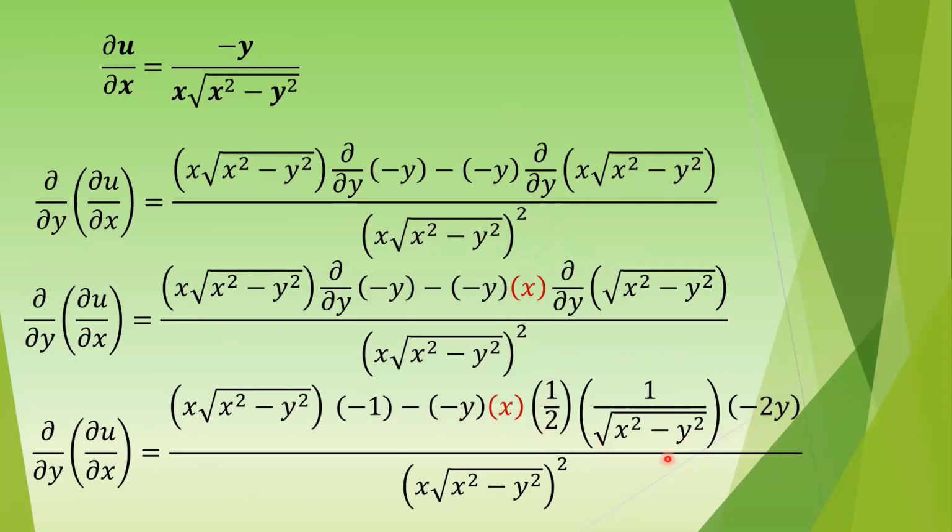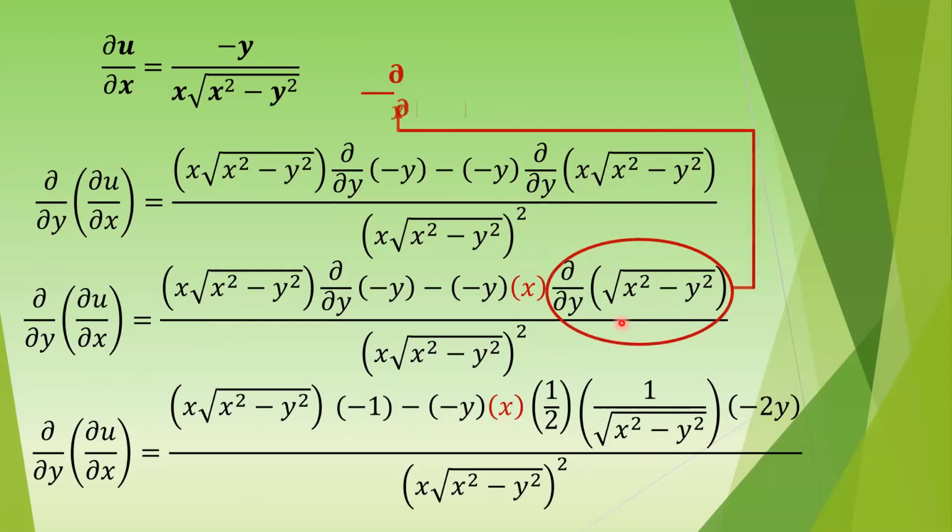Dito, we're going to apply yung general power formula, derivative dito. So, yan kasi ay quantity x squared minus y squared raised to 1/2. Babalik tayo doon sa u raised to n, u, n minus 1, derivative pa ng u.